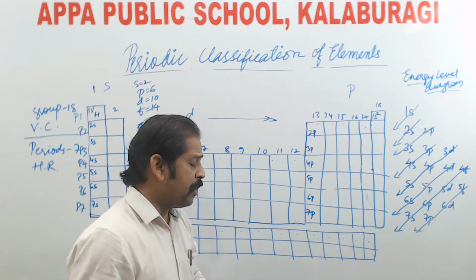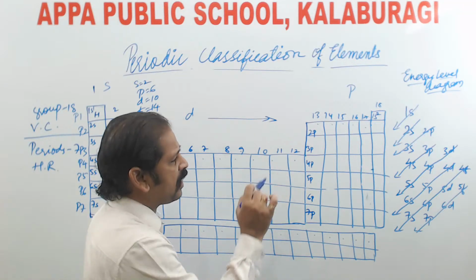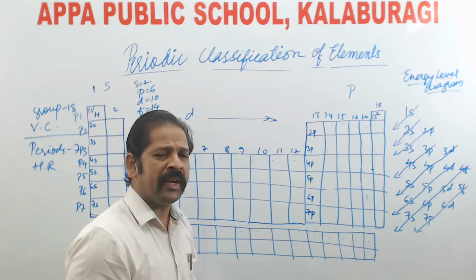I will separate the metals, non-metals and metalloids directly here, up to atomic number 20.